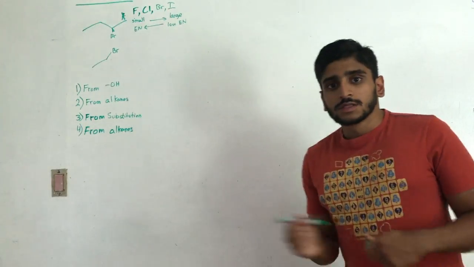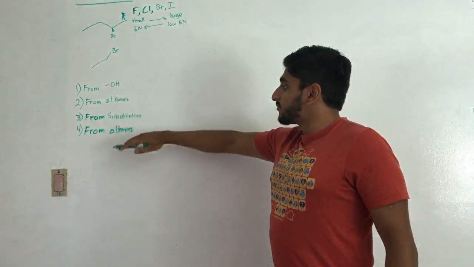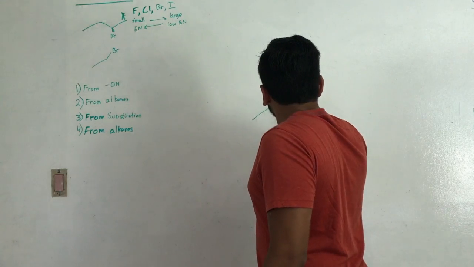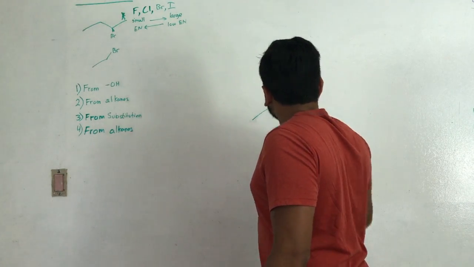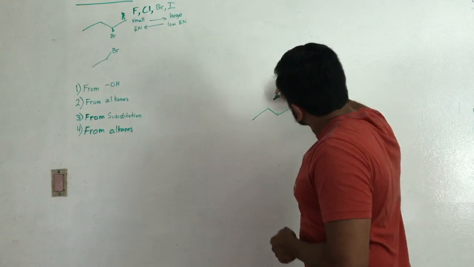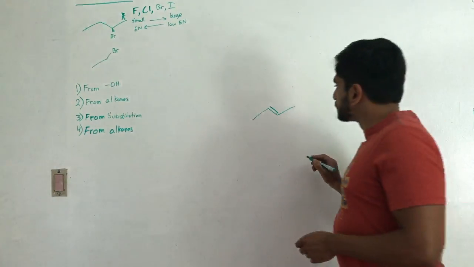Okay, so I'm going to be showing you now how to make a bromoalkane from an alkene. I'm going to assume that we're starting with this alkene.